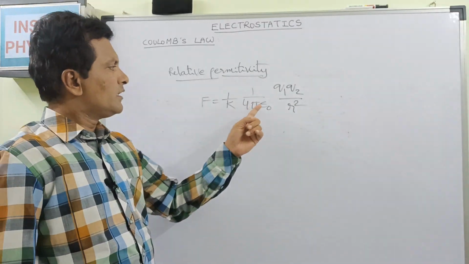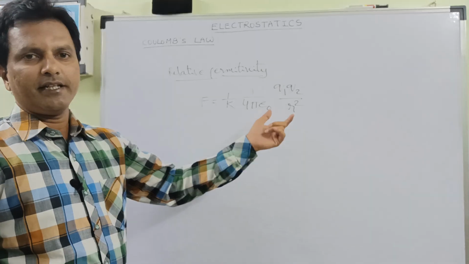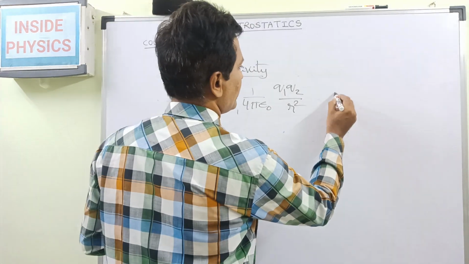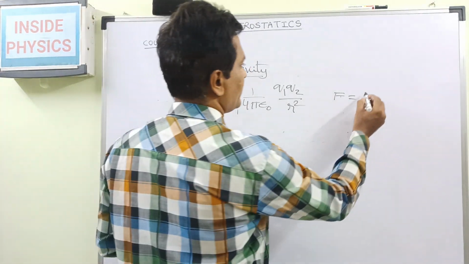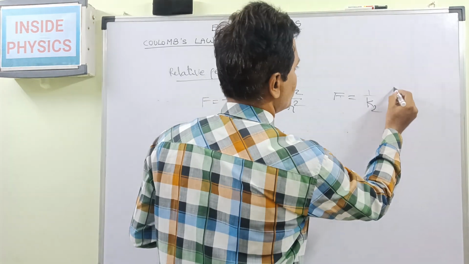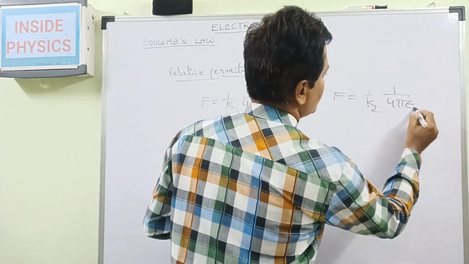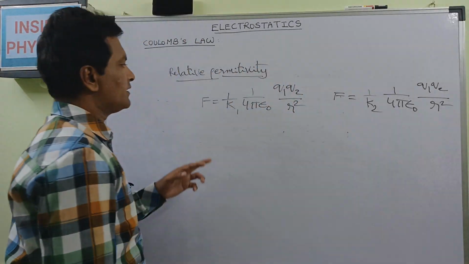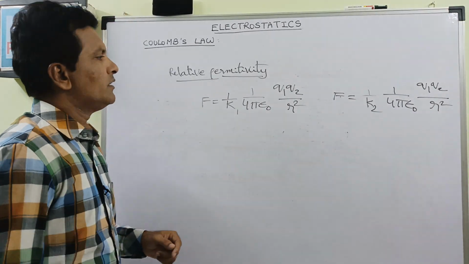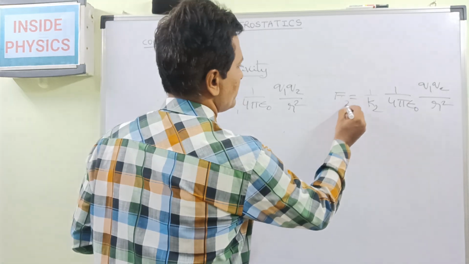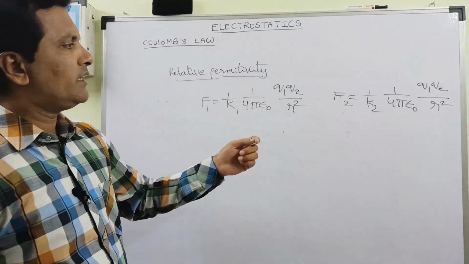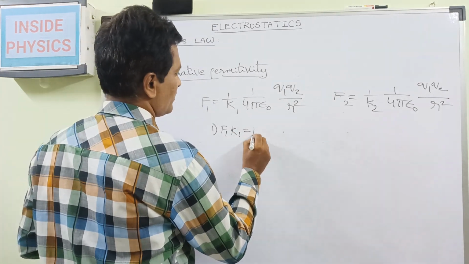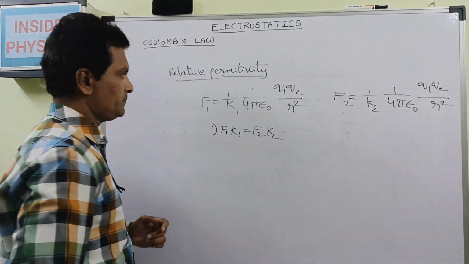See, if these two charges are put in different mediums, that means one medium having dielectric constant K1 and the second medium having dielectric constant K2, two charges Q1 and Q2 are put in two different mediums with dielectric constant K1 and K2, these forces will also become F1 and F2. In this case, we can write the first implication: F1 K1 is equal to F2 K2.